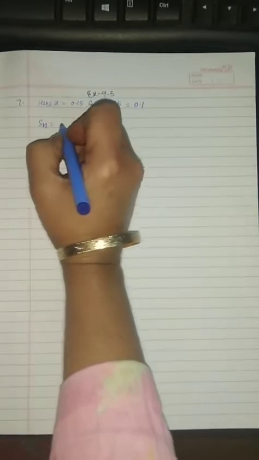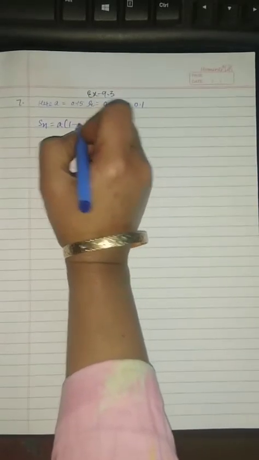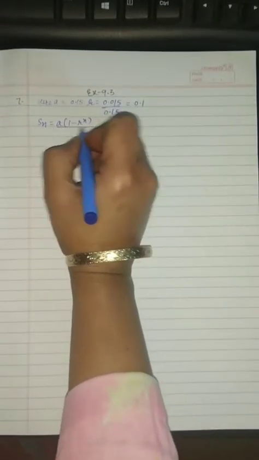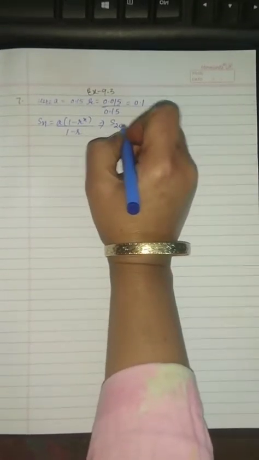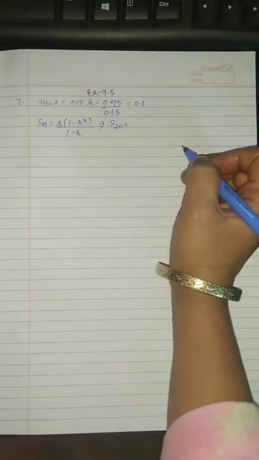Sn, the sum of n terms, is a times 1 minus r raised to power n upon 1 minus r. So we will find S20 because we have to find the sum of 20 terms.